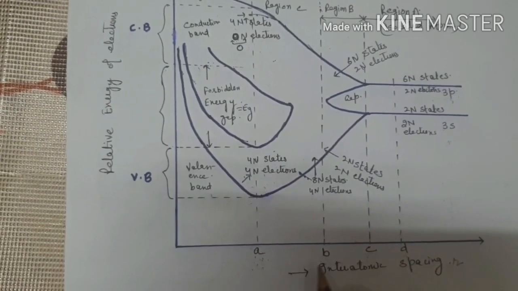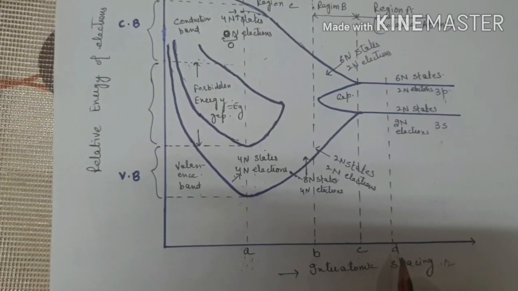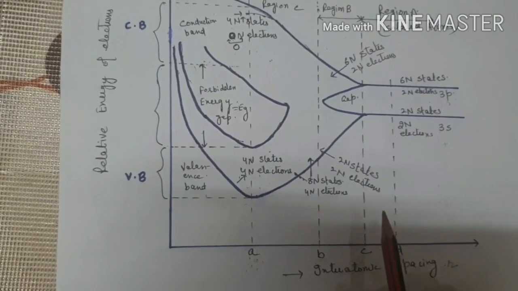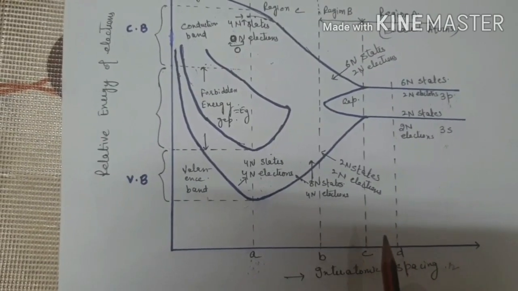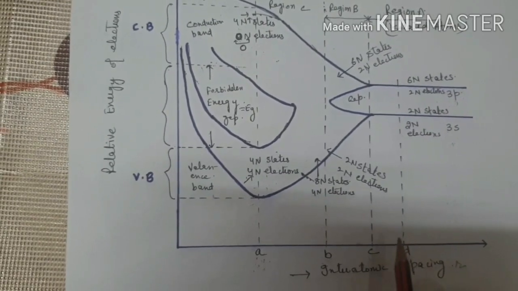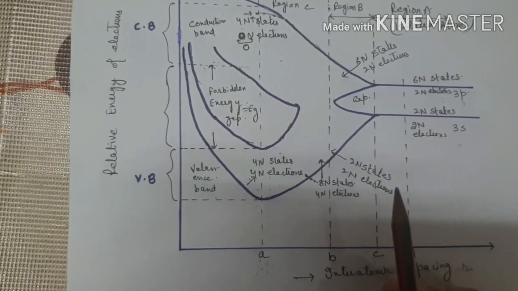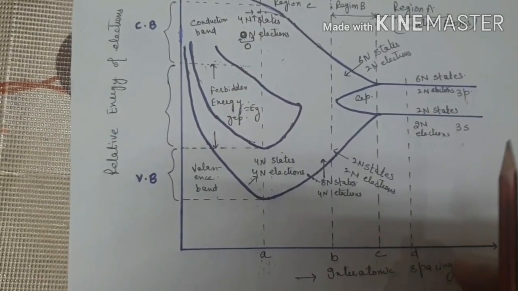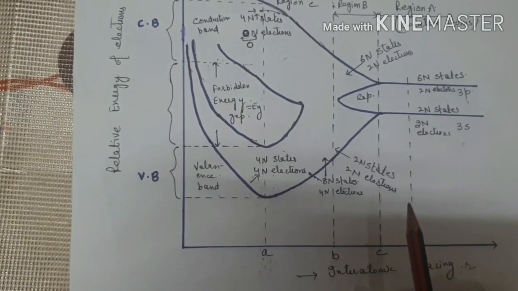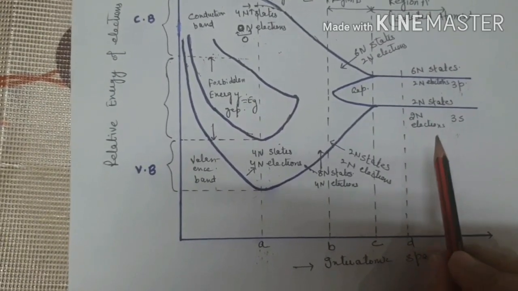When R is equal to D, the interatomic spacing of the atoms is very large, so there is no interaction of atoms with each other. And the energy levels of all the n atoms will be identical, or we can say discrete and distinct, corresponding to the electronic configuration of silicon. So what does the electronic configuration of silicon show?